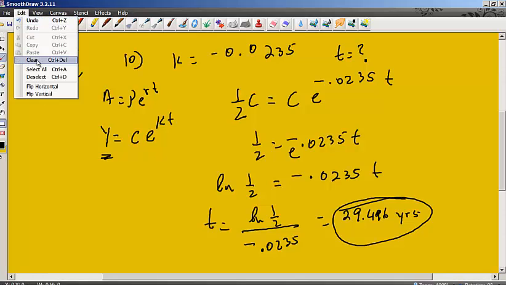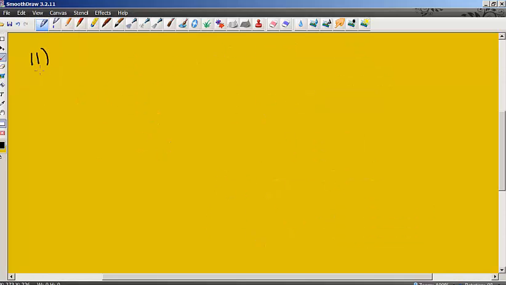You're welcome. Number 11. Radium-226 decomposes radioactively. Its half-life is 1800 years. So that means the T is 1800 years. Find the decay constant, then compute the amount.